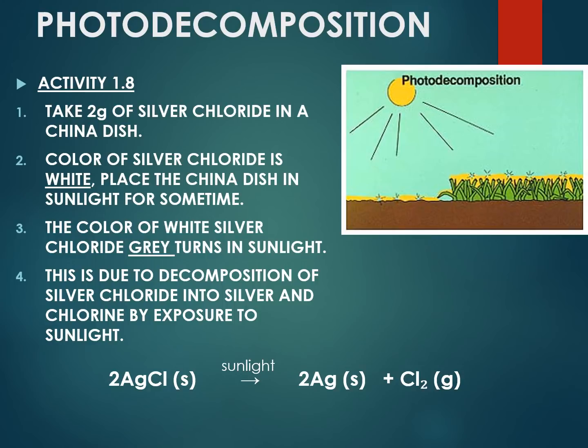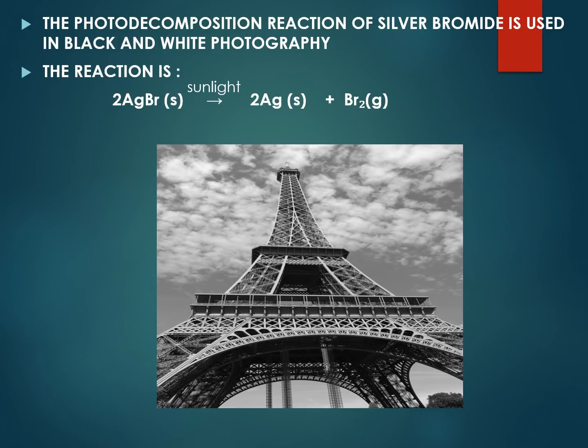Photo means light, and the reaction is taking place in the presence of light. 2AgCl in the presence of sunlight will give 2Ag plus Cl2. The photodecomposition reaction of silver bromide, which is used in black and white photography, is also similar to the one which we have studied in case of silver chloride.